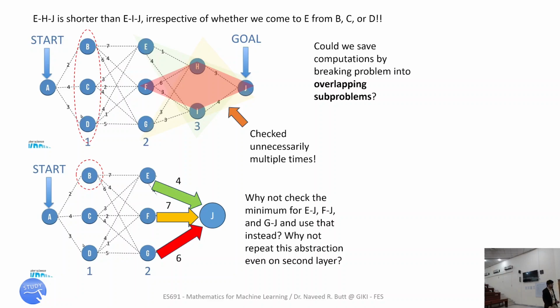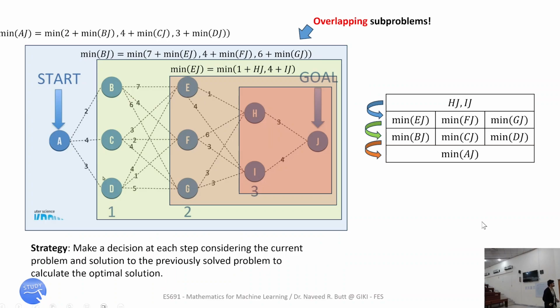So, what I can do is basically divide this thing. Mathematically, I hope you will agree that the minimum of A to J is actually the minimum of 2, meaning A to B, plus minimum of B to J, however you get there, that should be the minimum.